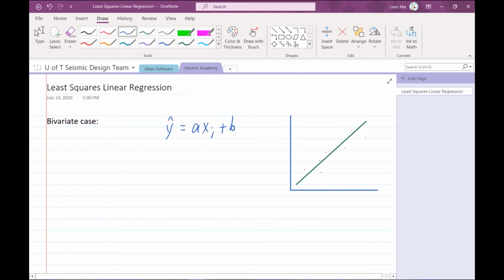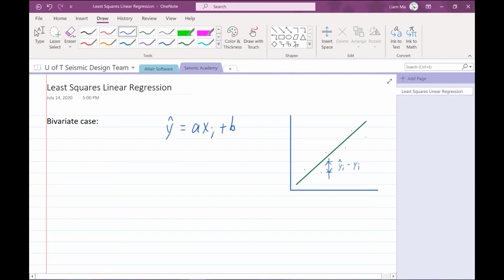The error between this line and each data point is going to be denoted by this length right over here. And this length has a value of y hat sub i minus y sub i, where y hat denotes the data value that the regression line predicts, and y sub i is the original measured data value.